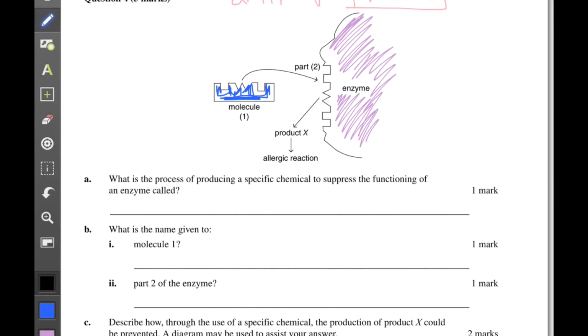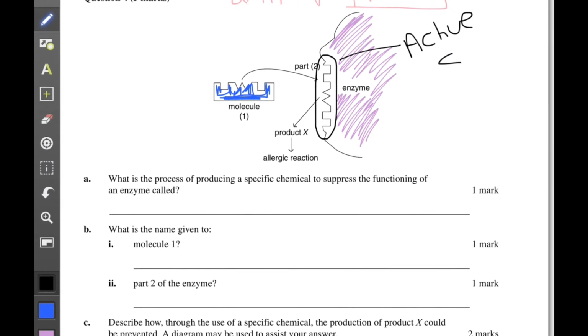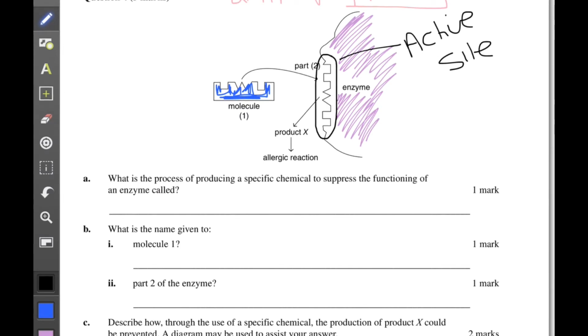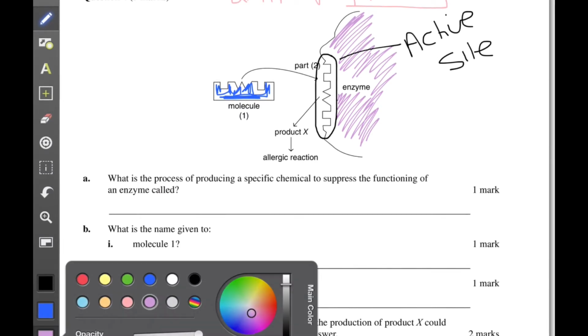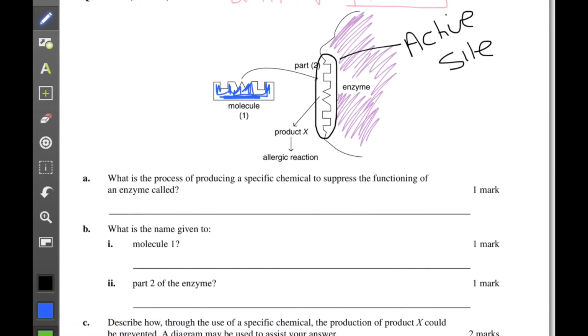That complementary section here is the active site. Once molecule I binds with the enzyme at part 2, which is the active site, it produces product X, which in this case, unfortunately, is an allergic reaction.